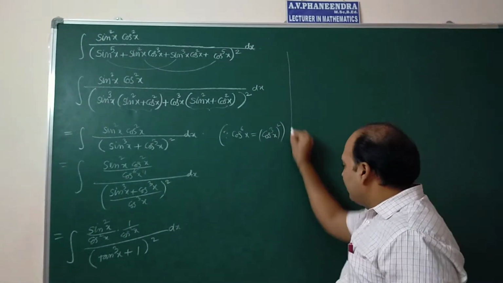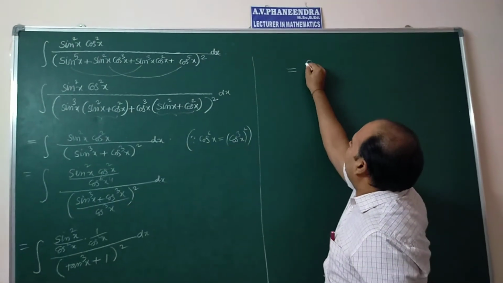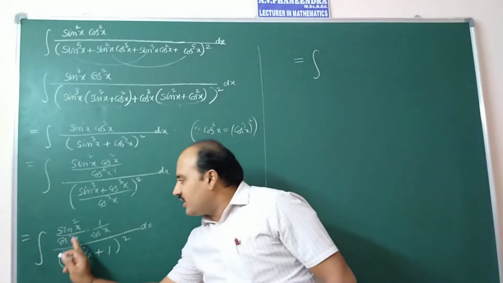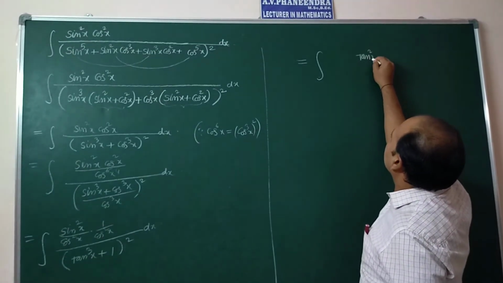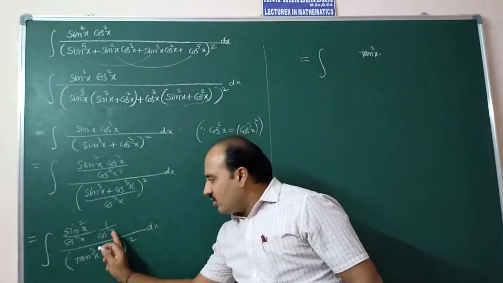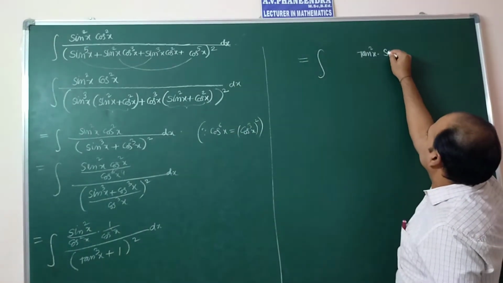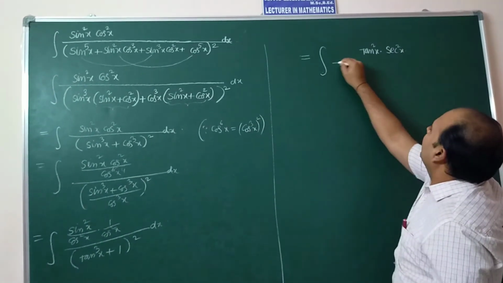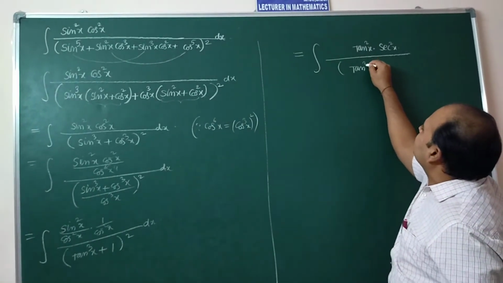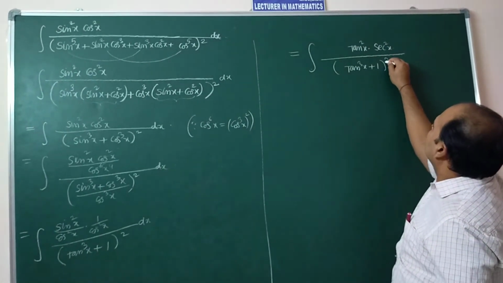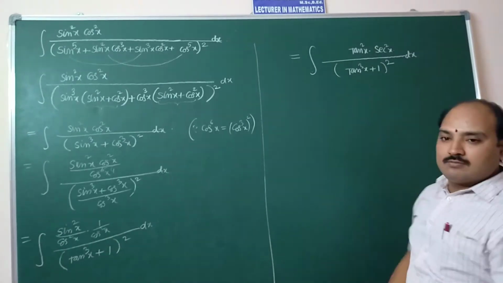After that, it is equal to integral sin square x by cos square x, which is tan square x, into 1 by cos square x, which is secant square x, divided by (tan cube x plus 1) whole square into dx.